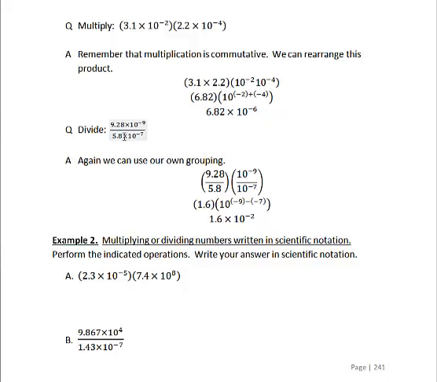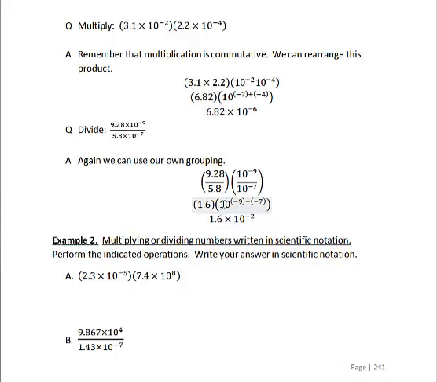Okay, what about division? Well, we take the base numbers, 9.28 and 5.8, divide those, and we get 1.6. Then separately, we take the tens with the different exponents and divide them. Now we apply the quotient rule, which says we subtract their exponents in order to reduce this to one 10.